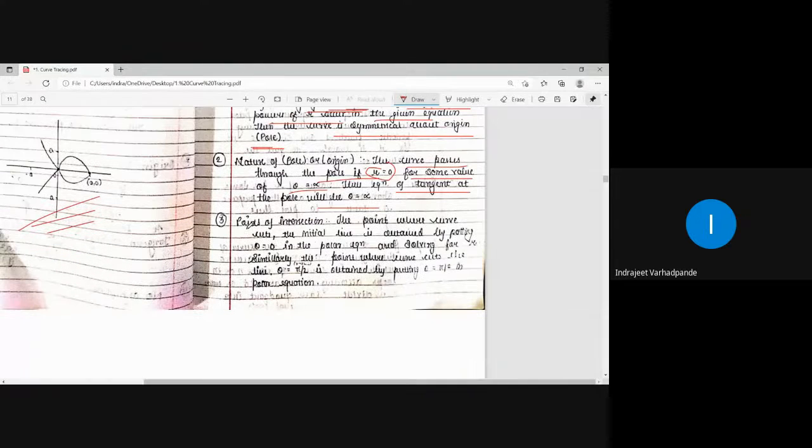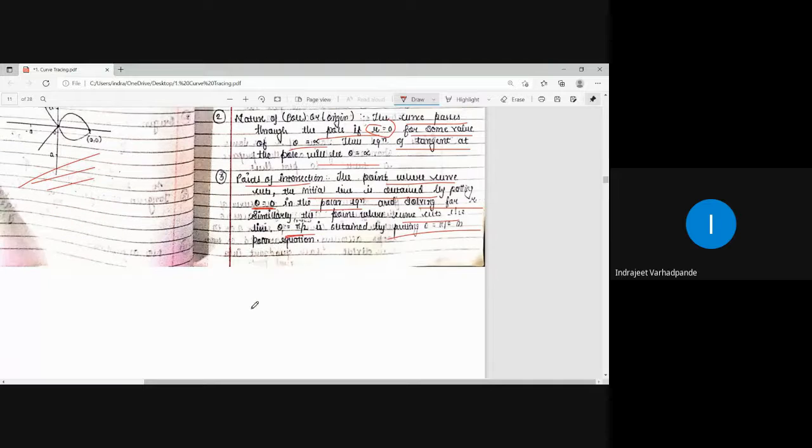What are the points of intersection? How to determine the points of intersection? The point where the curve cuts the initial line is obtained by putting theta is equal to 0 in the polar equation and solving for r. Similarly, the point where the curve cuts the line theta is equal to pi by 2, which is the y-axis, is obtained by putting theta is equal to pi by 2 in the polar equation.